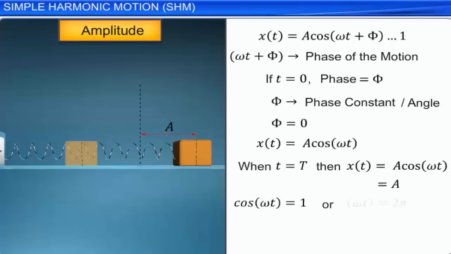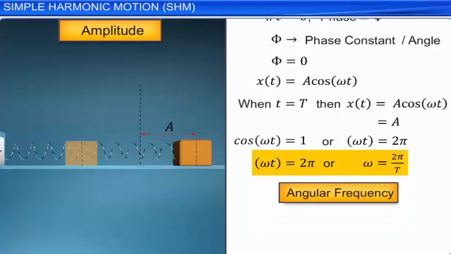Then, omega is equal to 2 pi by T. This omega is called the angular frequency of the simple harmonic motion, and its SI unit is radian per second.